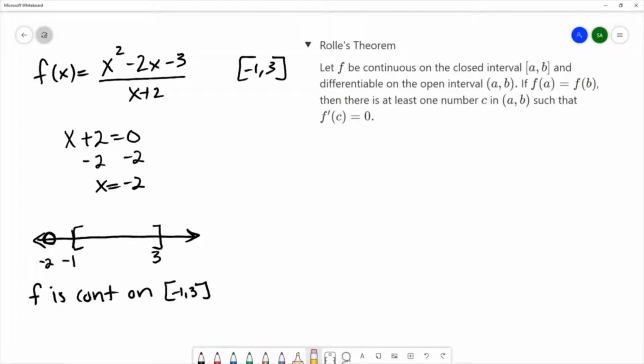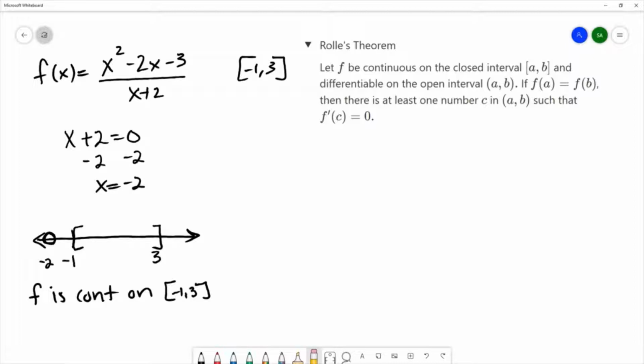The next condition is that our function needs to be differentiable on the open interval from a to b. To be differentiable, the function can't have any sharp turns, corners, or cusps in the graph. Since we have a rational function here, we're not going to have any of those.